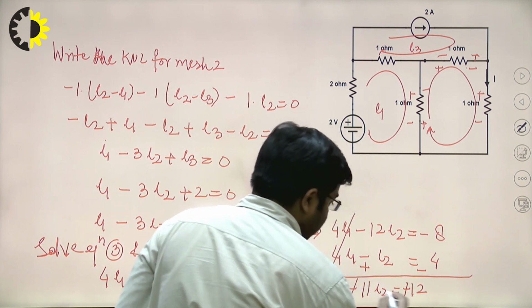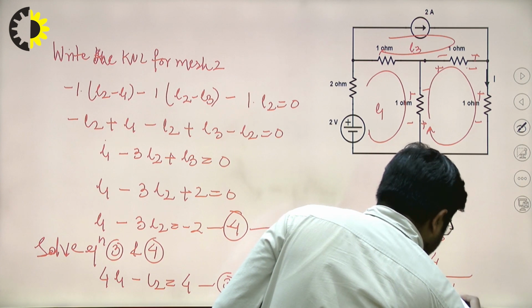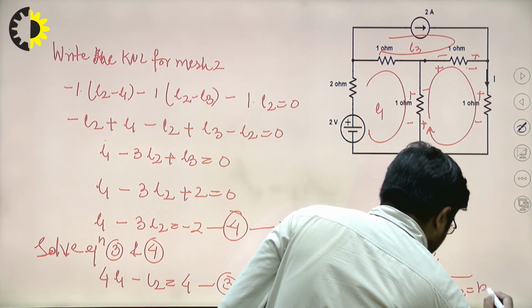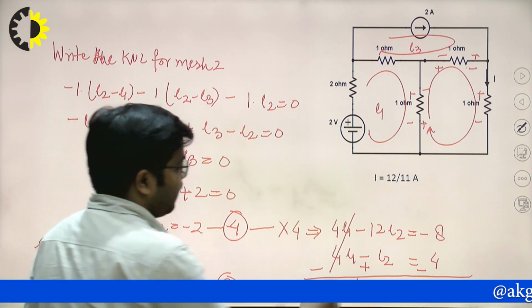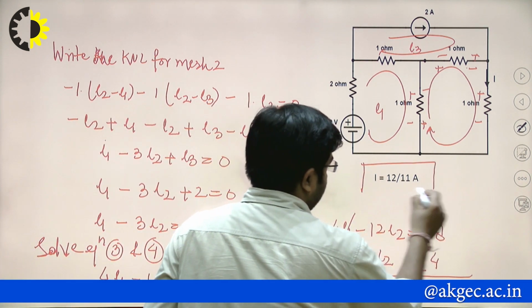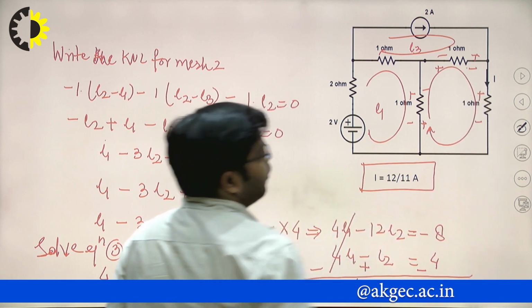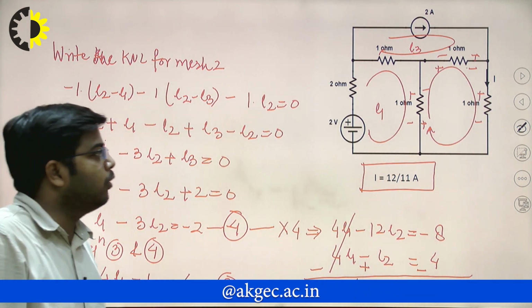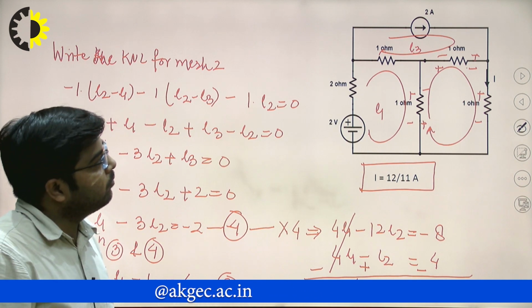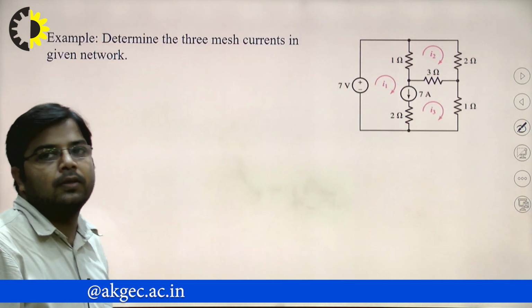So I2 is nothing but 12 by 11. So this is the current through the 1 ohm resistance. So this way you can find out the current using mesh analysis.